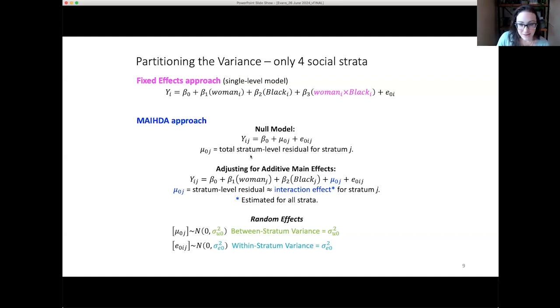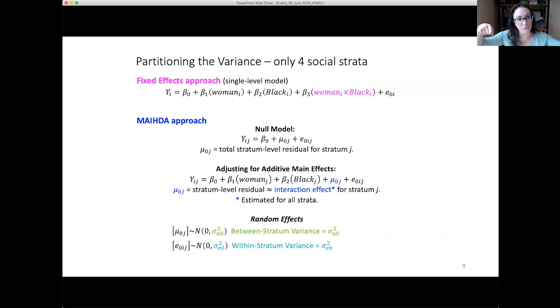So in this, we are defining that mu0J, we have one of these estimated for each of our, in this case, 4 strata. And this is going to follow not much of a normal distribution with only 4 of them, but assuming there were more, a normal distribution with mean of 0 because it's centered on that average, and then some variation around that average.